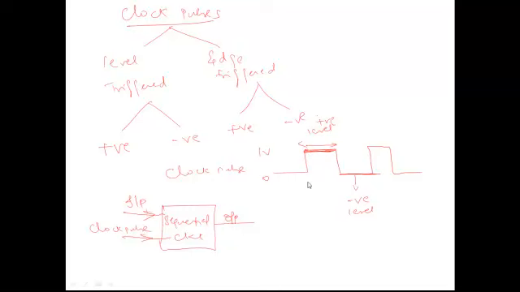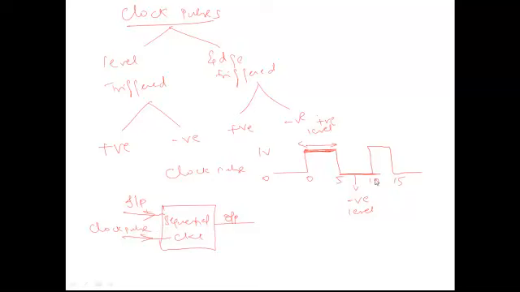Say for example 0 second, 5 second, 10 second, 15 second, if you are having a clock pulse like this. From 0 to 5 second, that is a total of 5 seconds, your level is active. So whenever there is a change in the input between 0 to 5 second, the circuit will respond.